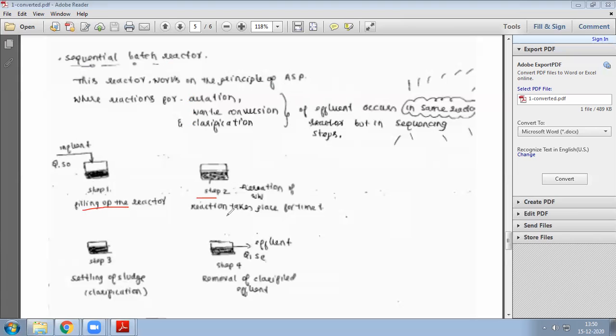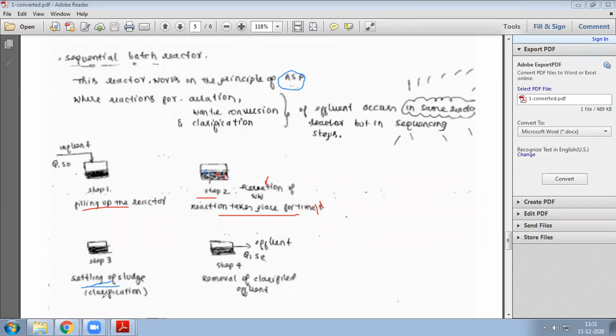In the second step, the reaction takes place for some time t. They will design that time, and there they will provide continuous aeration, so here they will provide air. Next, settling of sludge. After aeration, in ASP, the sludge will be settled, right? All the solid particles of waste will settle at the bottom.